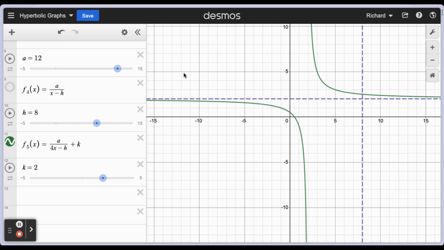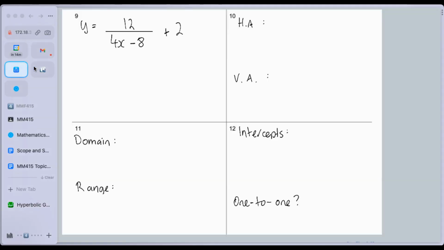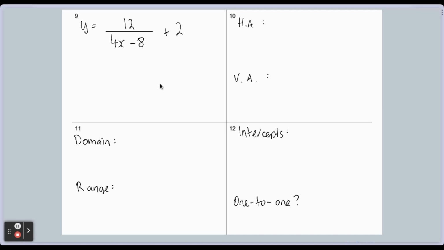Yep, cool. So I just wanted to point out what we've drawn here. Let me have a look. So what we've got here is this function here, y equals 12 over 4x minus 8 plus 2.